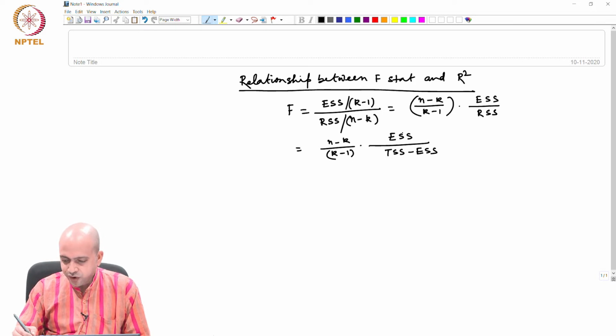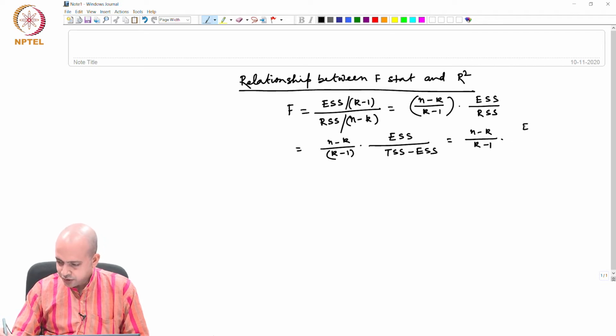And then if we divide the numerator and denominator by TSS, then what will happen? We will get n minus k into k minus 1, and then this would become 1 minus ESS by TSS.